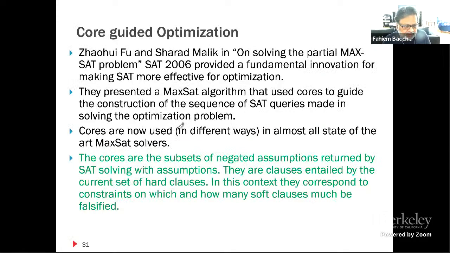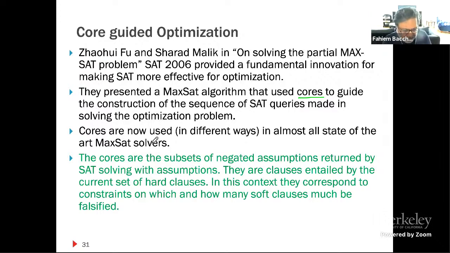And this idea started off with a nice paper by Fu and Malik, where what they did is they used basically the clause that you got back from the SAT solving with assumptions to give more direction to the SAT solver in the next query. And so they used what are known as cores. They call these clauses cores. And now cores are used in different ways in almost every single state-of-the-art MaxSat solver.